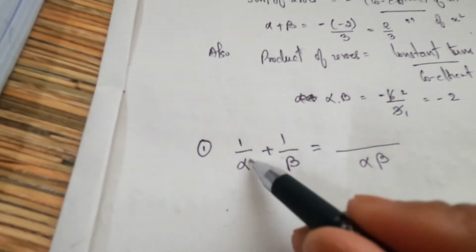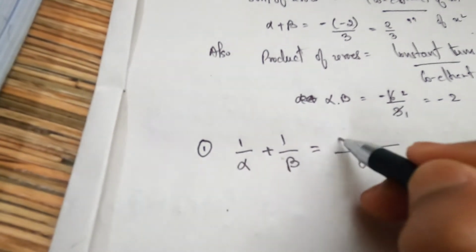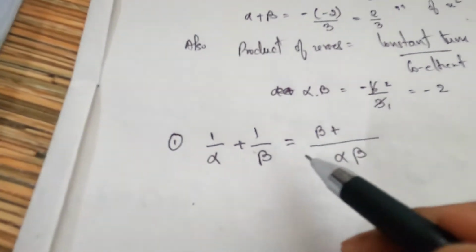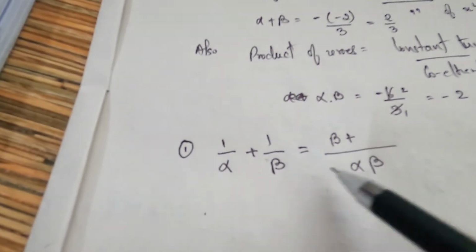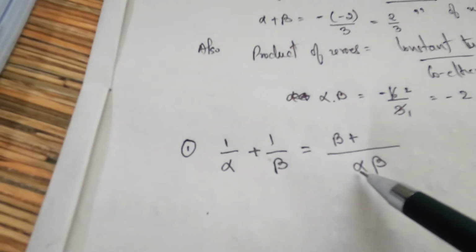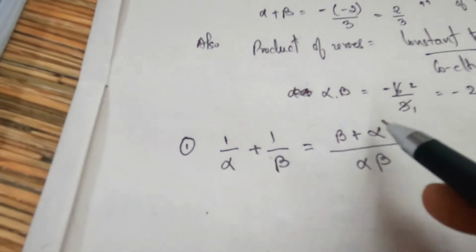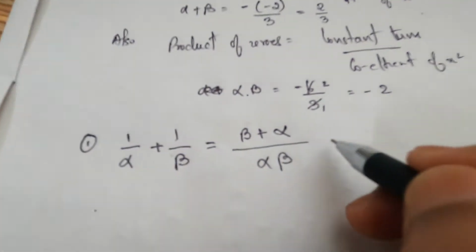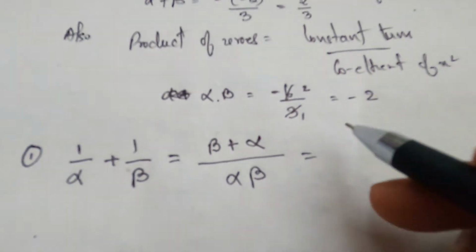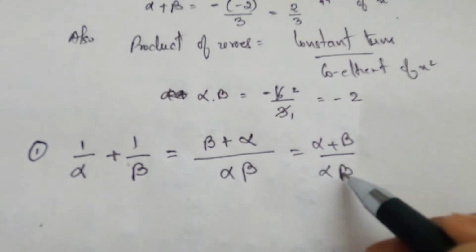Alpha cancels, so beta is left and comes up. Then beta cancels, so we multiply alpha with 1, which gives alpha. All this is true using LCM. We will just arrange this one: alpha plus beta by alpha beta.